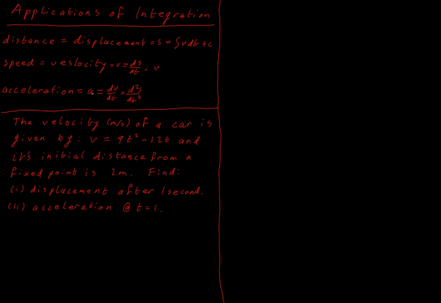Likewise, if we had our acceleration and we wanted to get back to our velocity, we could integrate the acceleration with respect to time, and that would bring us back to the velocity. And of course, we must add on our constant that we might have lost when we had v and we differentiated to get to a. If we had a constant involved in v, it would have been lost.